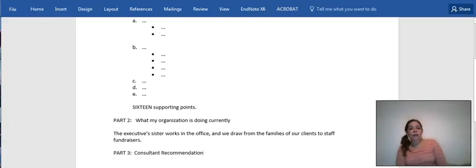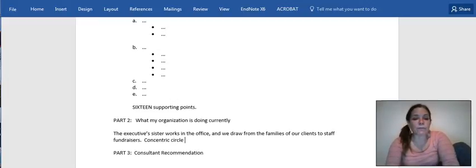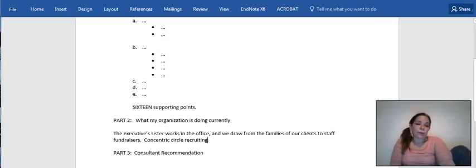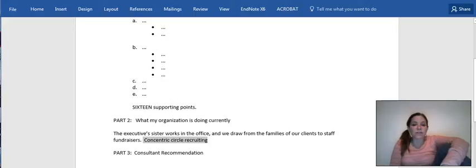You would do more than this, because the fact that the executive's sister works in the office is concentric circle recruiting, because the executive pulled the person from their family. So, the executive's sister.